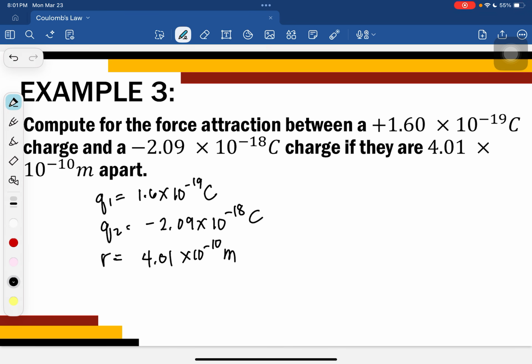And what are we looking for? We're looking for the force of attraction. So we're looking for F. Straight out, F is equal to K Q1 Q2 all over R squared.